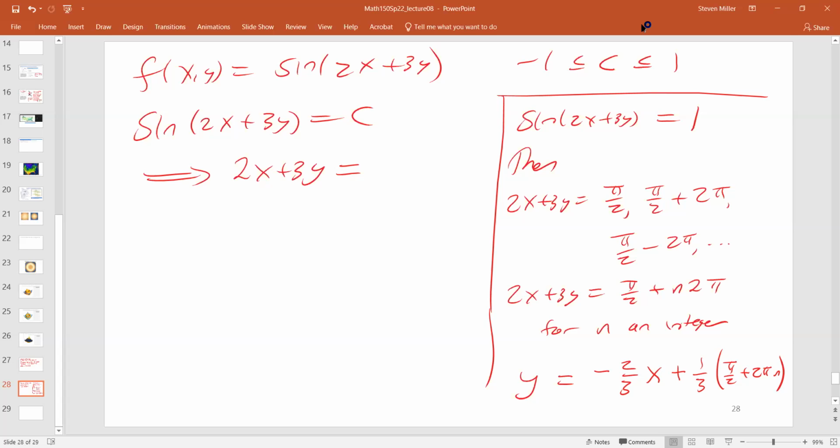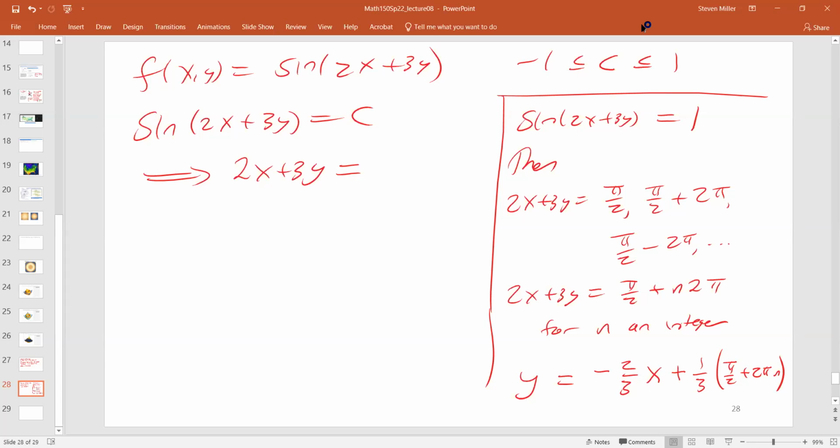More generally, if I say the sine of 2x plus 3y equals c, what must 2x plus 3y equal? How would I figure out what 2x plus 3y is? What function would I use? We would use arcsine.